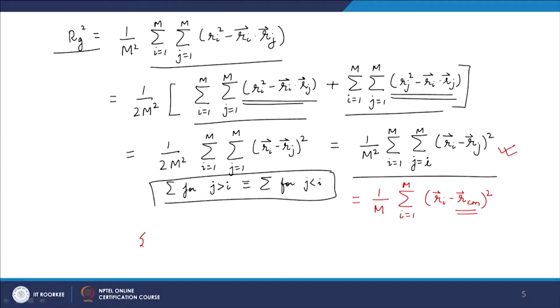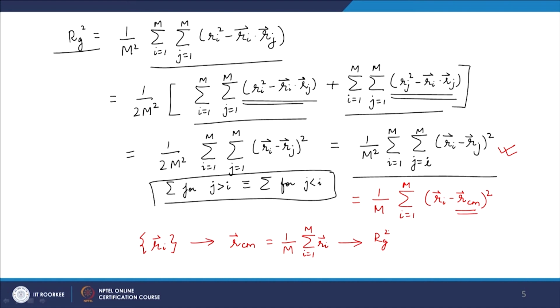If I know, for example, the positions of all the segments or beads or monomers as the case may be, then I have to first find the center of mass using the relation, and using that I will find the Rg square.